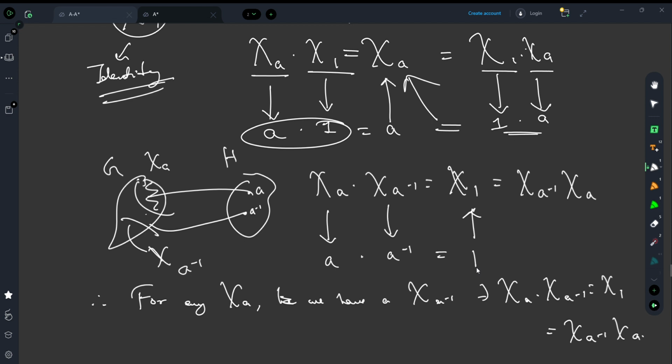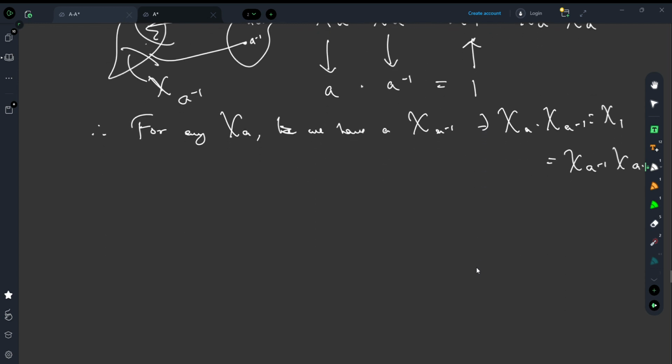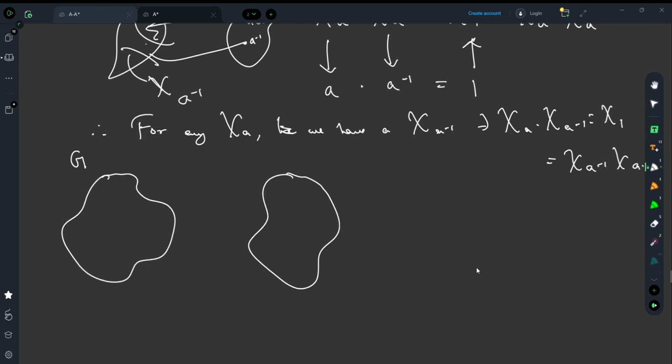So therefore this collection, let me just give a brief summary of what I'm trying to say. What I'm trying to do here is that I start with a group G and a group H. I give an arbitrary homomorphism to H, and I see what are the fibers in G with respect to the elements in H. I can also start from G as well.